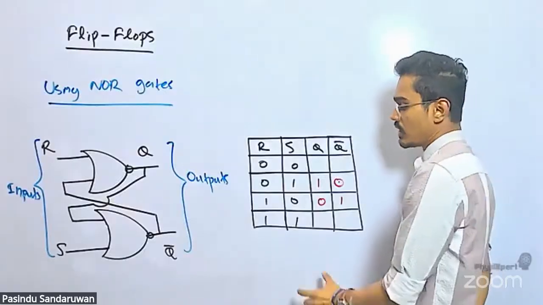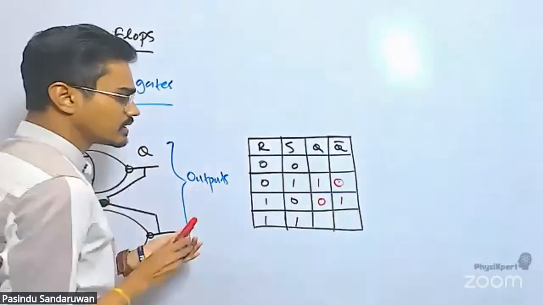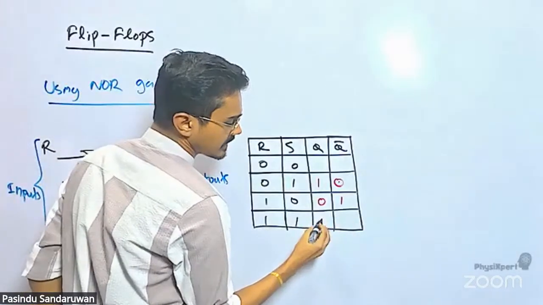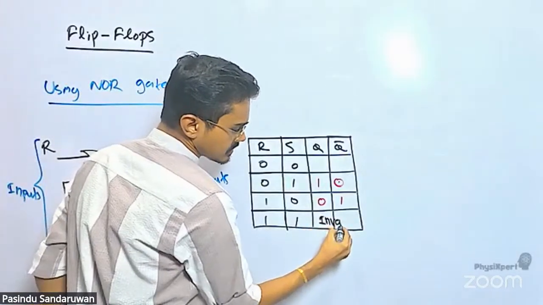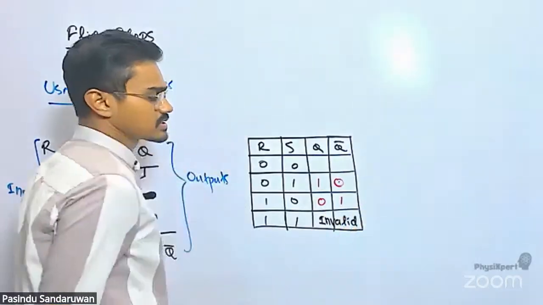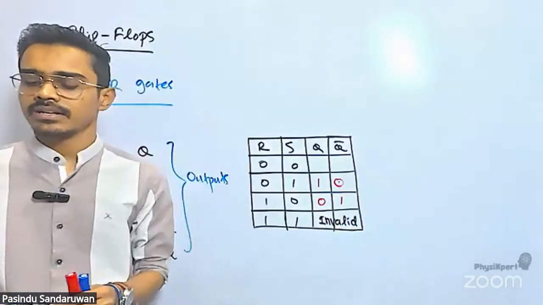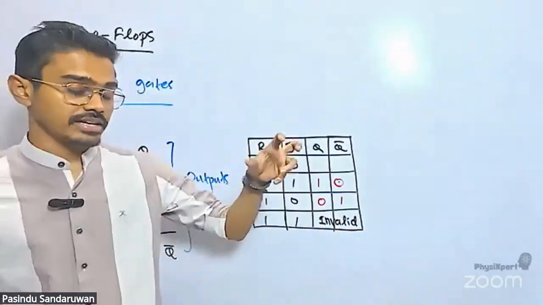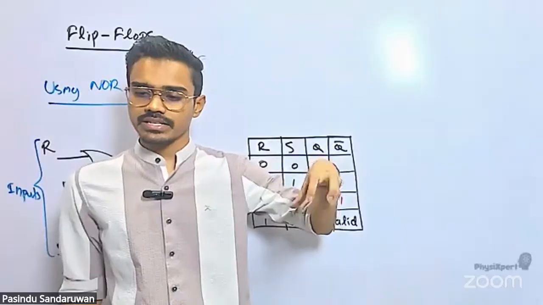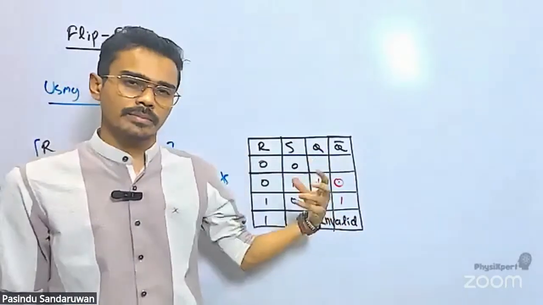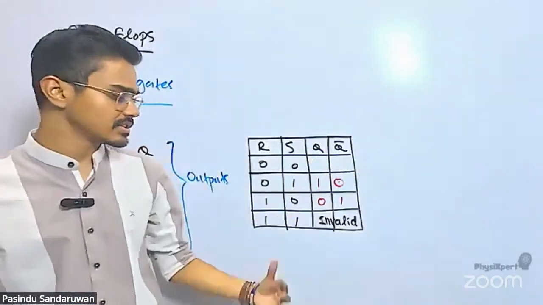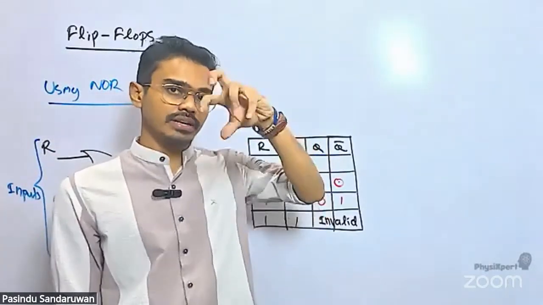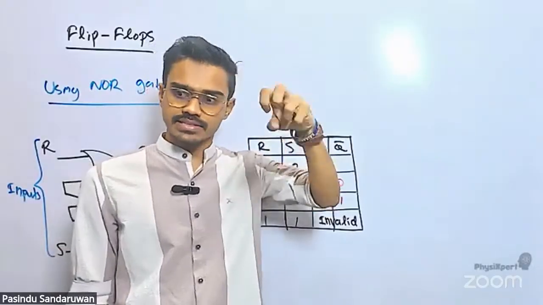So therefore this line of a flip-flop is called invalid, which means the flip-flop is going to malfunction for this line. When we develop a circuit, we have to make sure this line is not coming into the flip-flop. 1, 1 is invalid because q and q bar cannot have the same values.